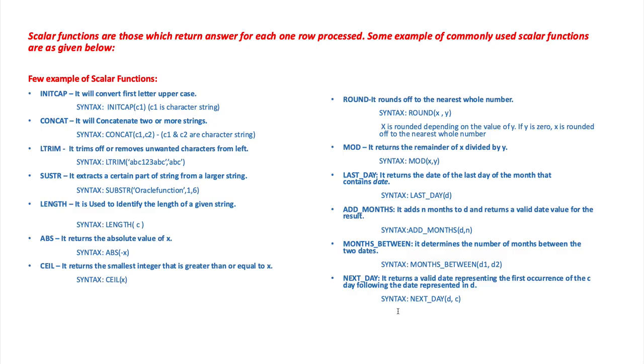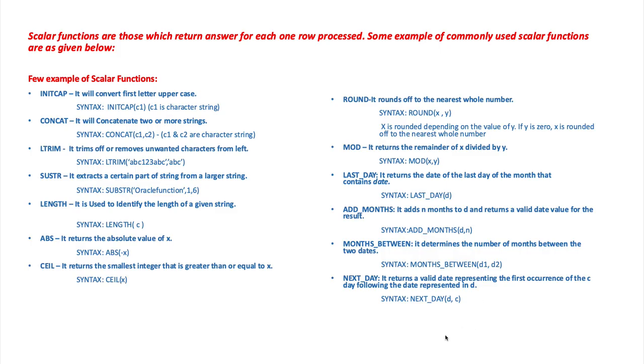Then when we provide the syntax NEXT_DAY(date, C), C means the value. Suppose if we provide 1, that represents Sunday. If we provide 2, that represents Monday. Then it returns a valid date representing the first occurrence of the C day following the date represented in D.